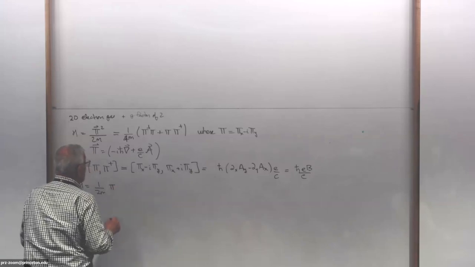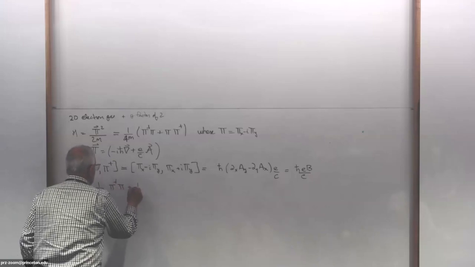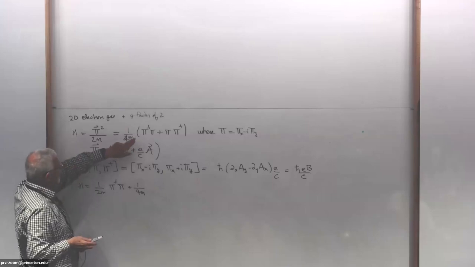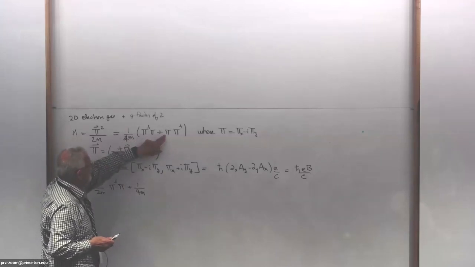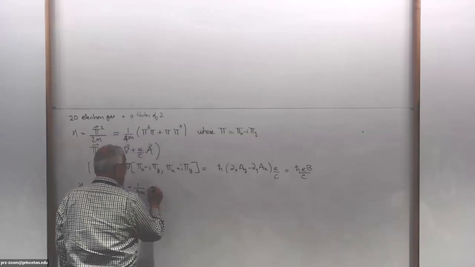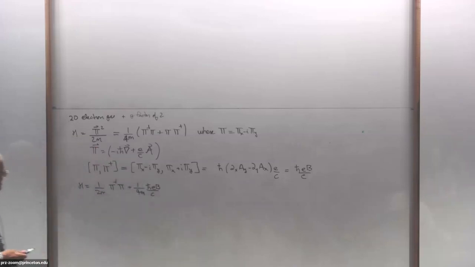I'm going to write π† π as the commutator of π† and π, plus π π†. And so I have to put the commutator over there, and ħeB over c. Okay.